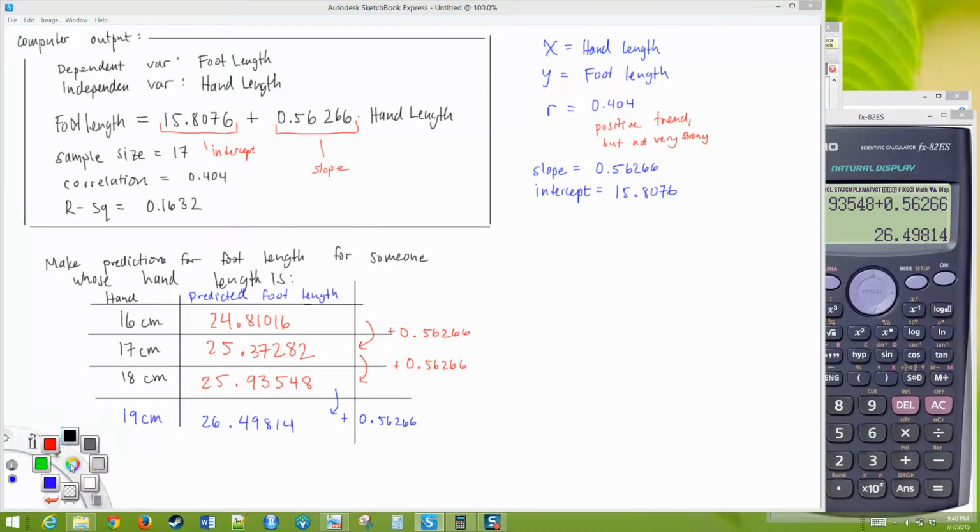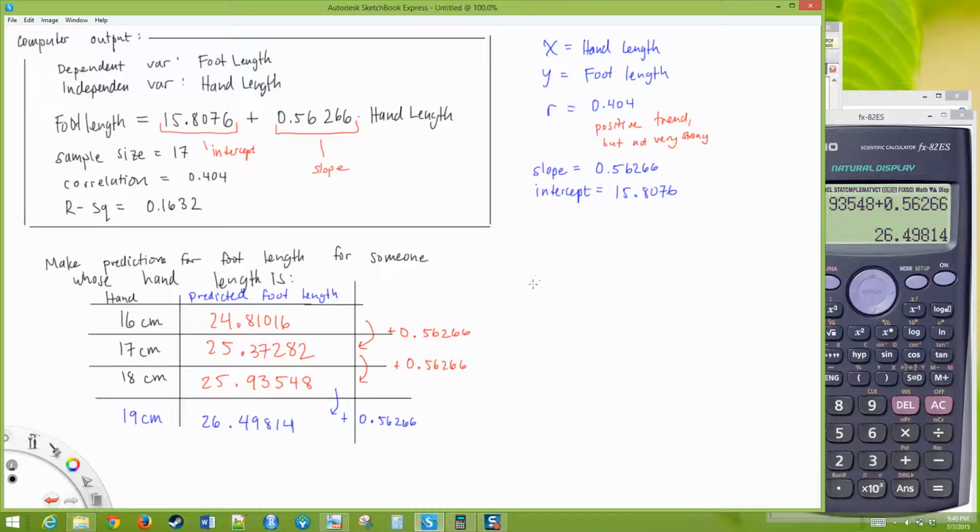So the slope, and this is important, the definition or the interpretation of the slope, is how much our prediction changes if we add 1 to x.